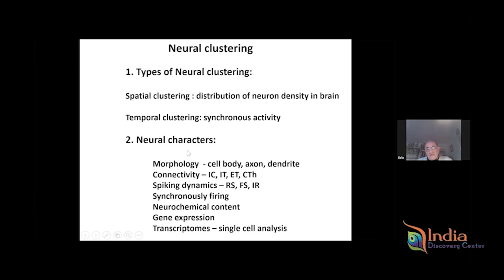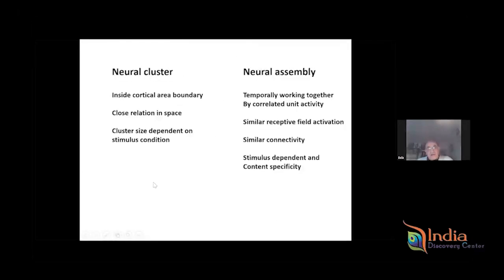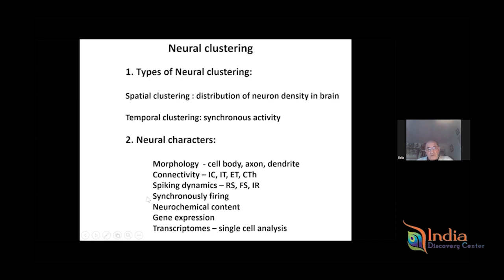Now, as we don't know exactly how this clustering happens, intense research is going on into what neuron characteristics may play a role in the clustering.